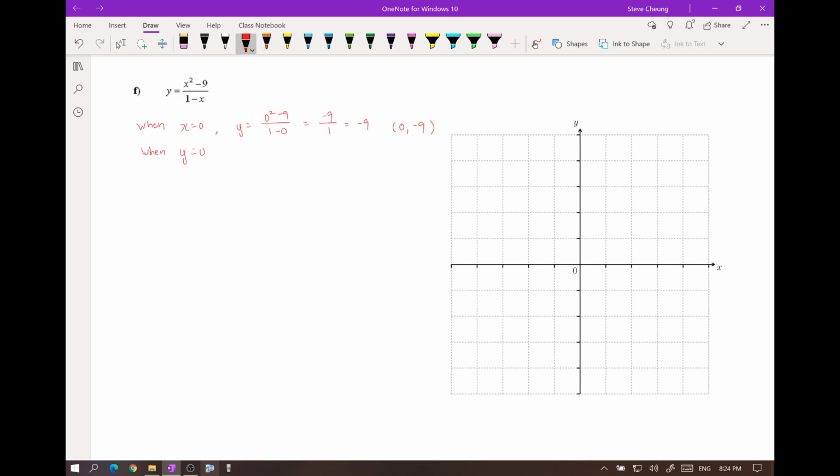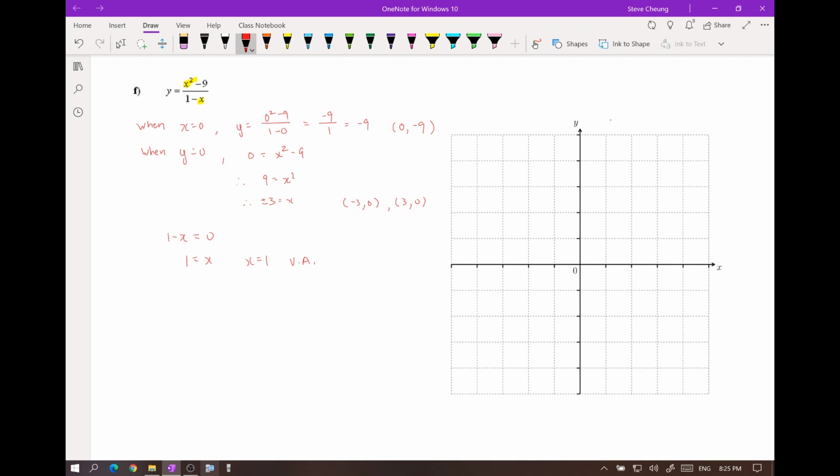And when y equals 0, I'm just going to write down the numerator because the denominator always gets multiplied out. So we have x equals plus or minus 3. Vertical asymptote, set the denominator to 0. So we have x equals 1. Vertical asymptote.